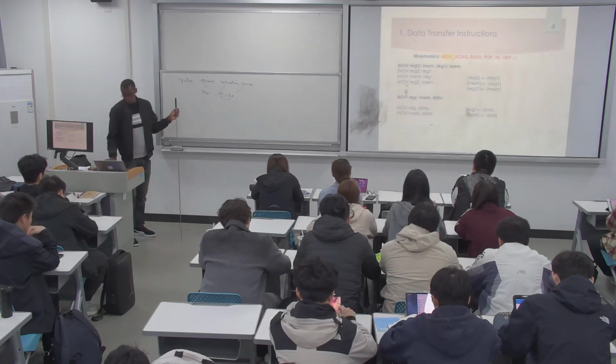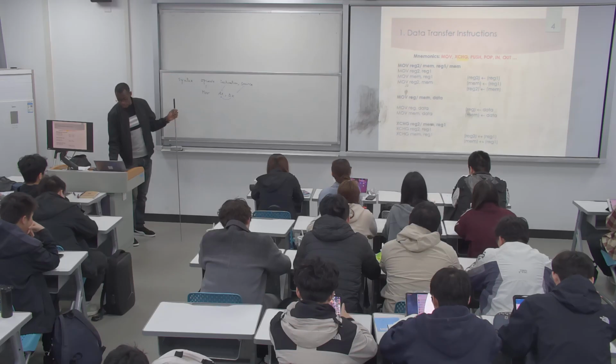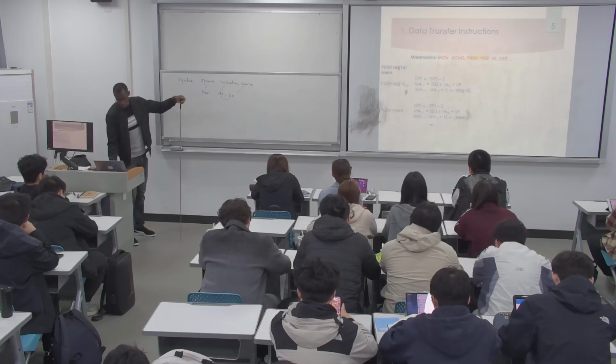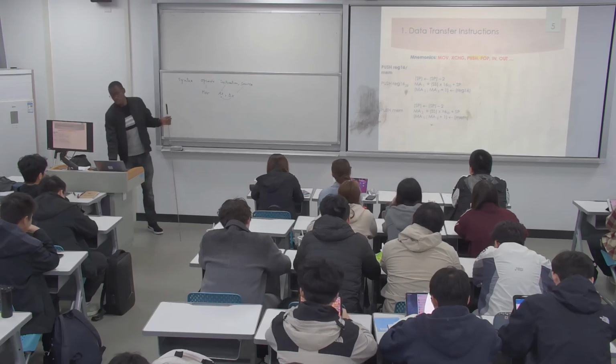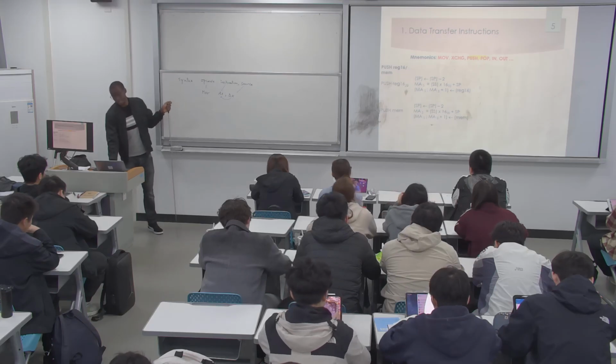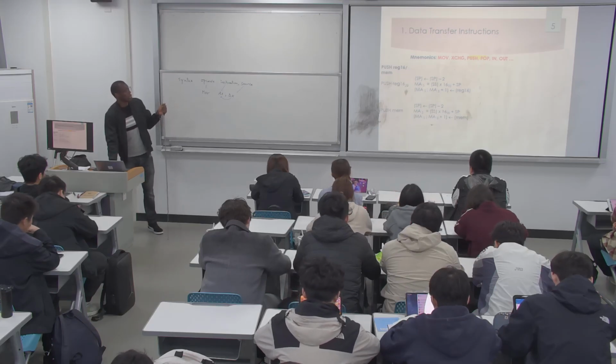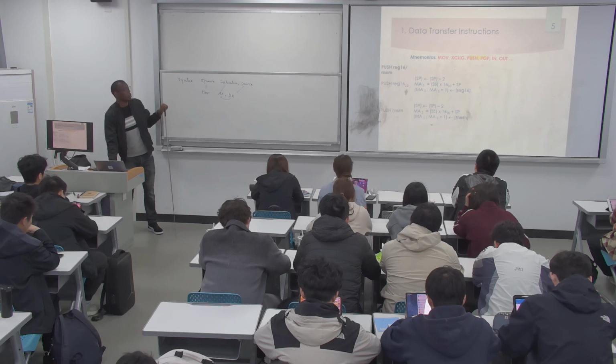All right, so now we are going to learn the next instruction, which is push. The push instruction puts data onto the stack, and this will decrease the stack pointer, the SP, by 2.